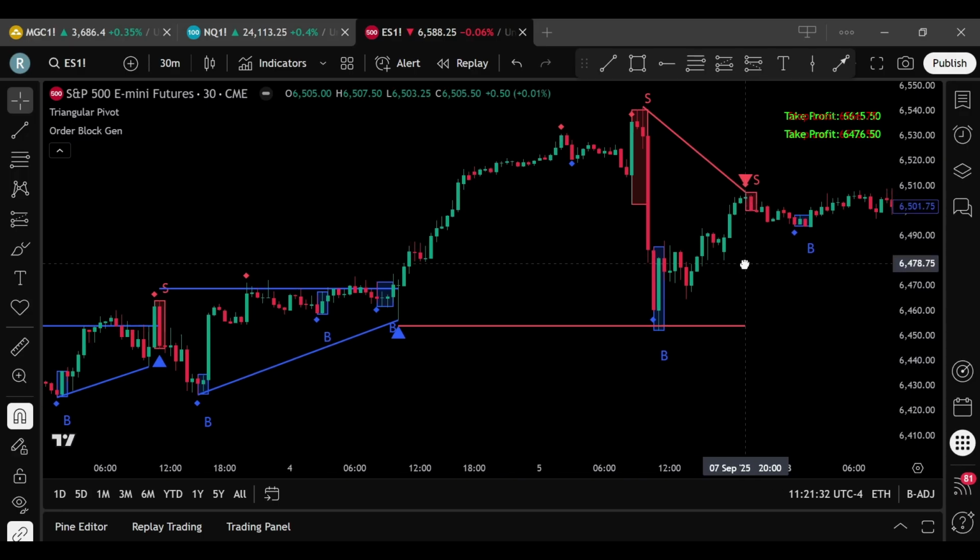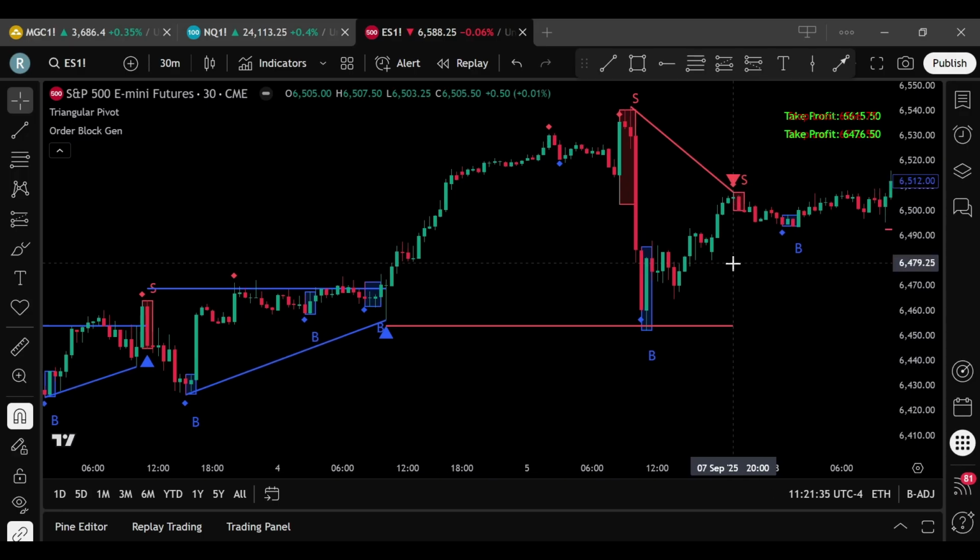But again, this is where we have to be nimble and not just expect that every trade's going to play out. Catching an entry maybe on a lower time frame here as a retest inside of these order blocks, maybe you would have gotten stopped out once, but with another retest, caught some of this move. But then what do we see?